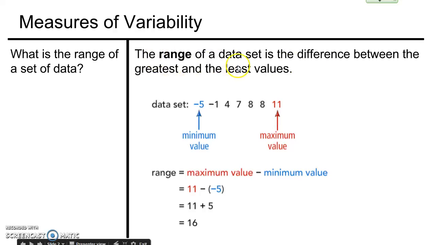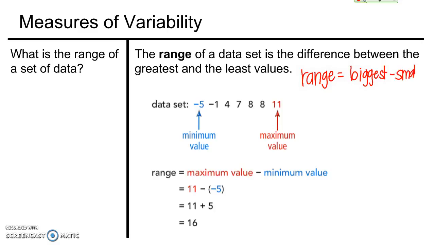The range of a data set is the difference between the greatest and the least values. Out beside that, I want you to write this little formula: range equals the biggest number minus the smallest number. That's how we find the range. You may even want to put a box around that.